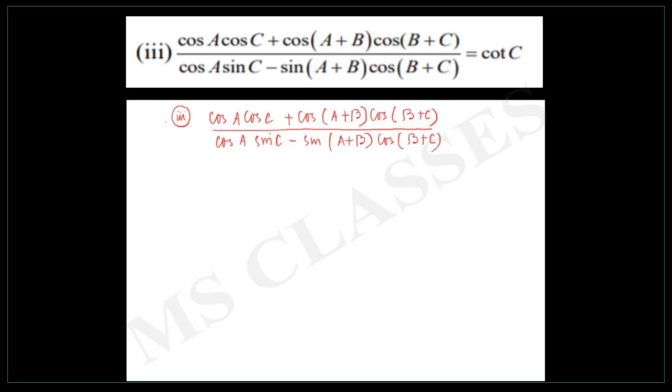Now how can we do that? All of you know that here in the given conditions, a plus b plus c is pi. That is the given condition here. So we have to use the given condition here also.